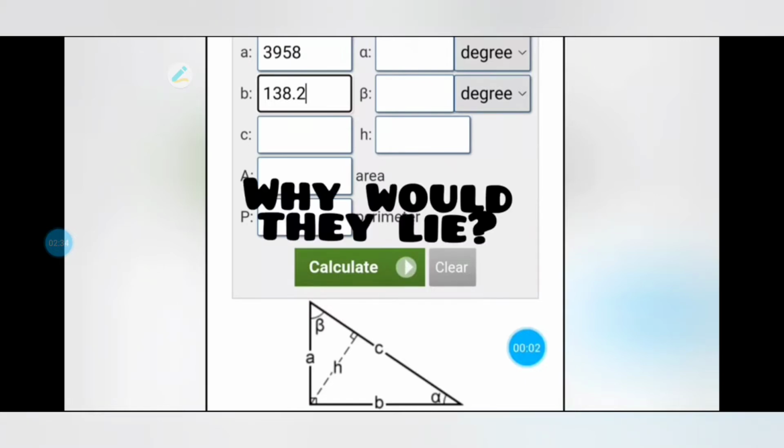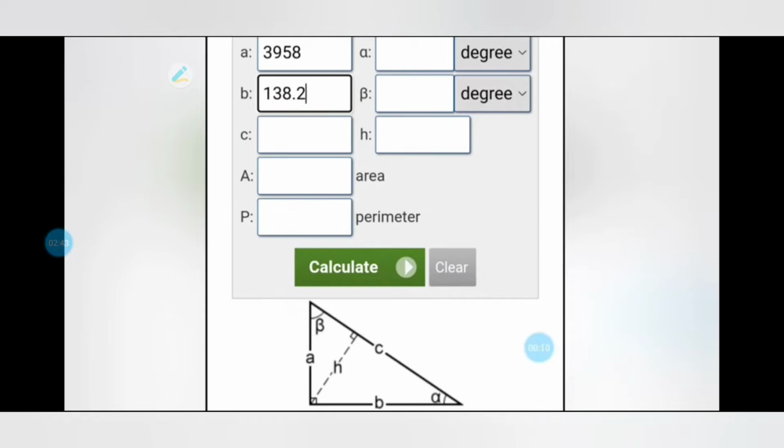But let's see how that works on a flat plane. Let's check 138.2 miles and see if we get the 2 degrees. Let's check it, because that's weird. They look like they hijacked the radius to me. So I put in 3958 for our height to Polaris, because that's what we get when we triangulate on a flat plane.